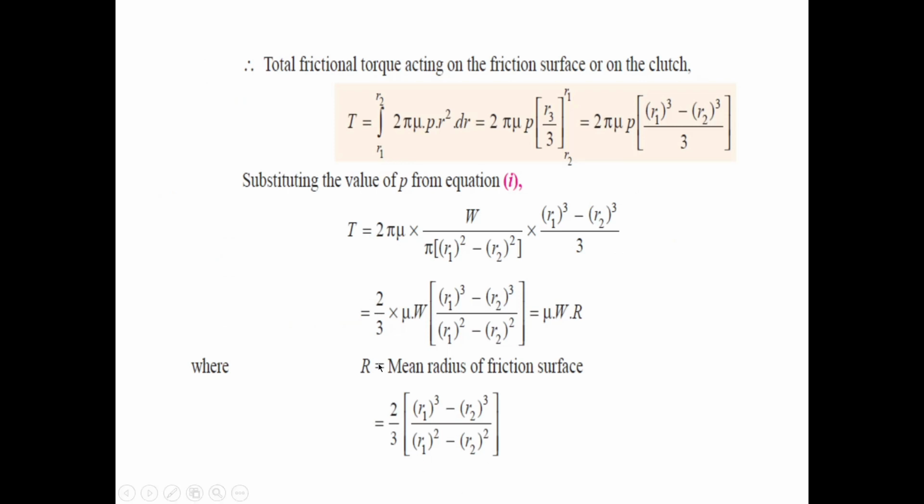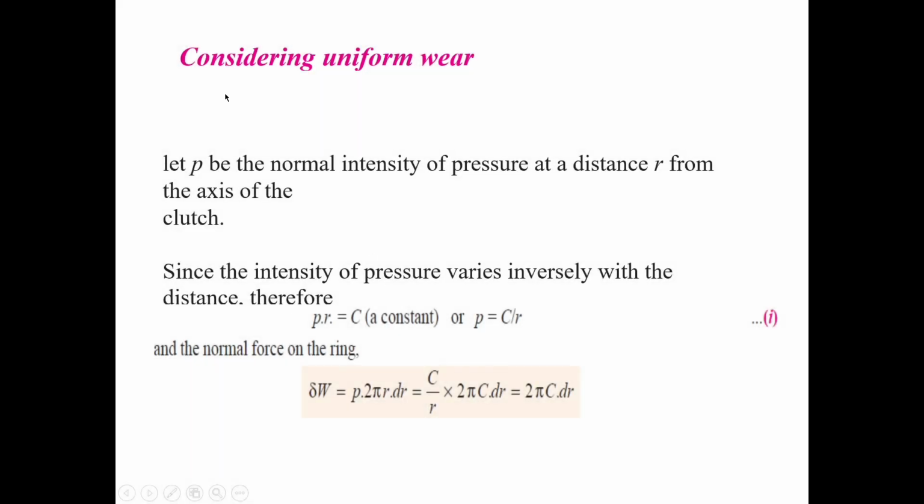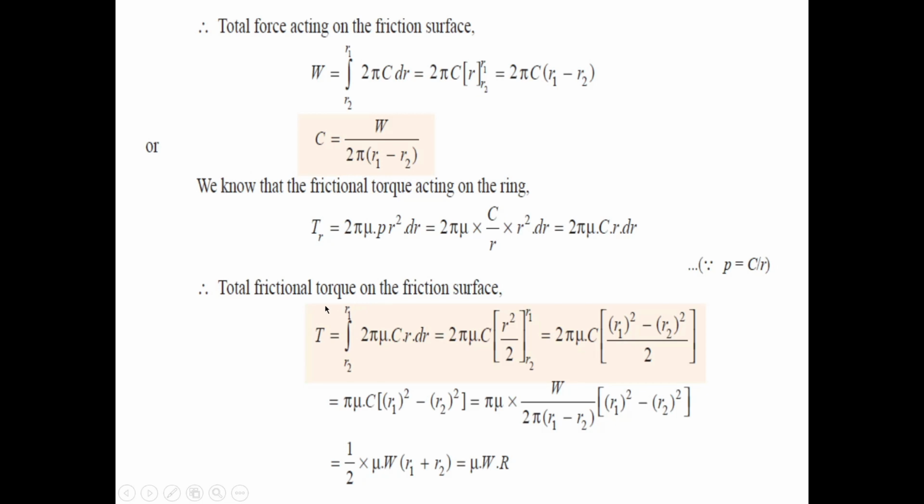Here you can see a capital R, which means mean radius. As I already told, we can consider uniform wear for calculating the frictional torque also. Here the formula C is equal to W by 2 pi into R1 minus R2 is the required one, or W is equal to C into 2 pi into R1 minus R2, is the commonly used formula.